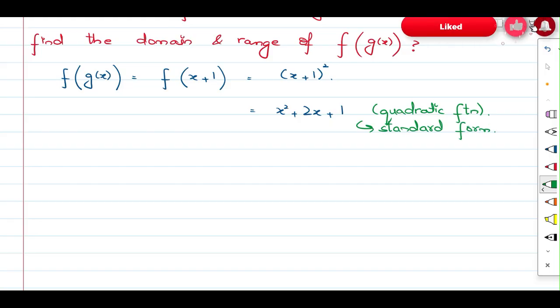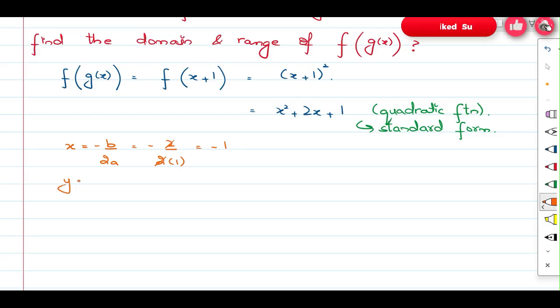Now, how do we figure out the domain and range of the standard form? The first step is to figure out its vertex. Domain is all real numbers, and the range is decided with the help of the vertex. The vertex x is equal to -b/2a, so -b is -2, and 2a is 2 times 1, which equals -1.